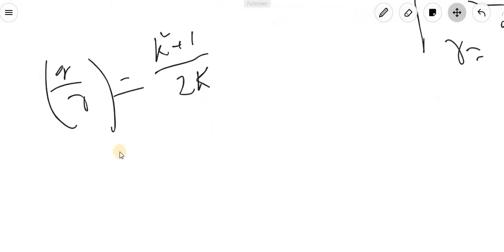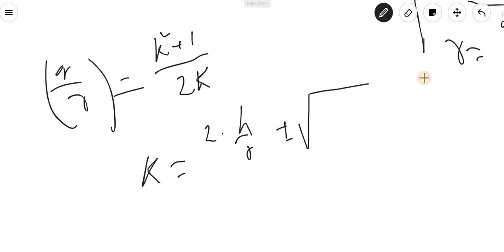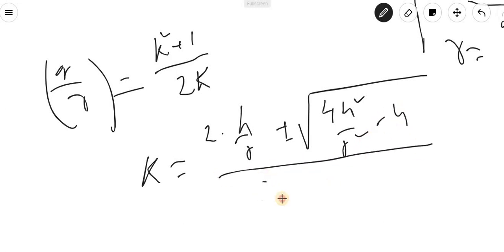From there we are able to calculate K as 2 h by r, plus minus the square root of 4 h square by r square minus 4, divided by 2 into 1.